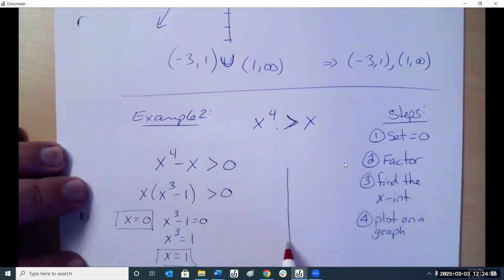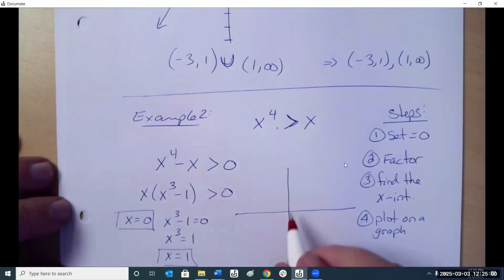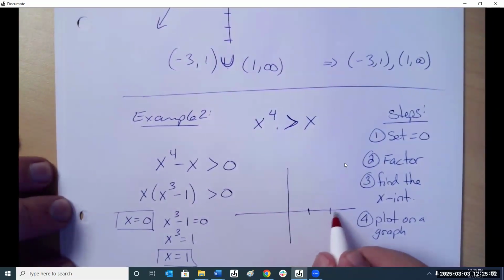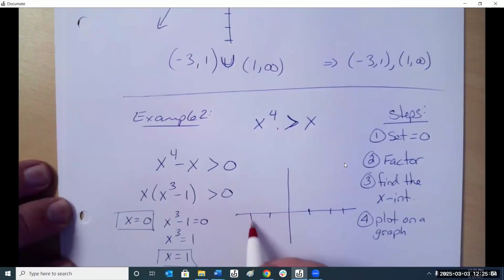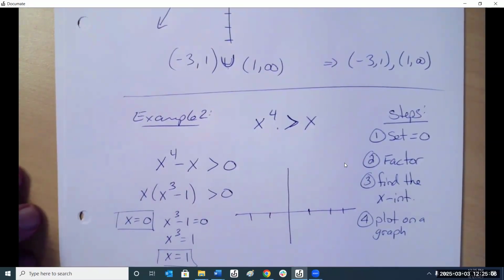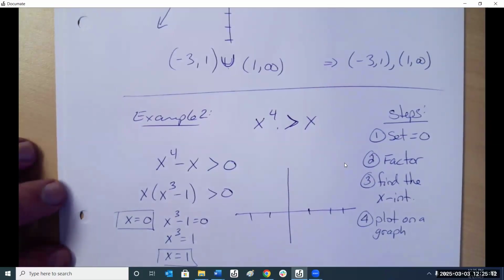Plot on a graph. Actually, we don't need a graph, but it just makes it look nicer. All we need is the x-intercept, because all we're going to care about is where the x values will give me a positive answer or a negative answer.